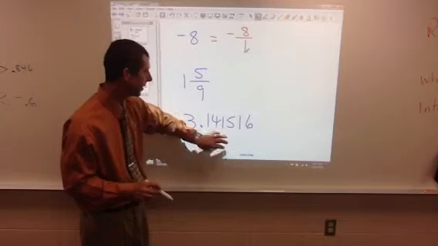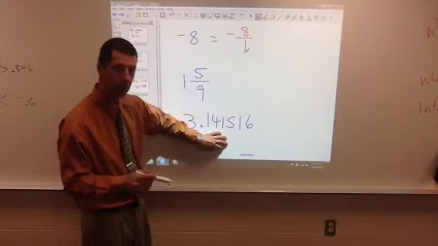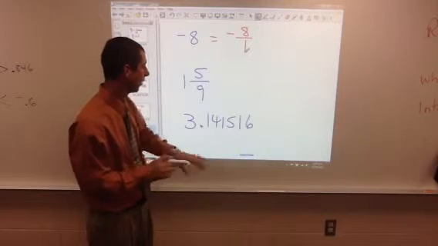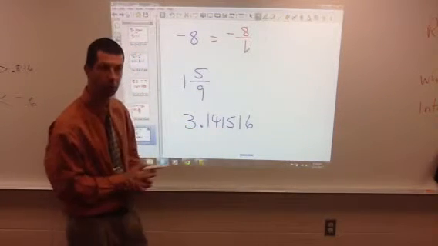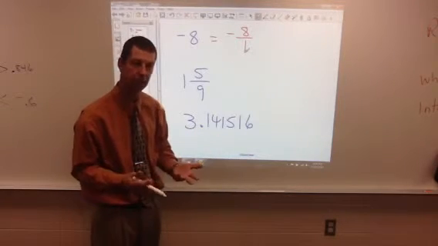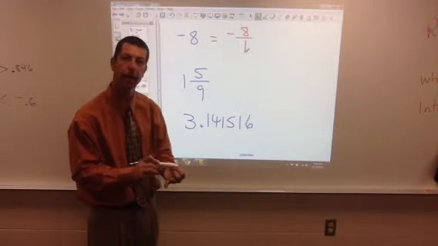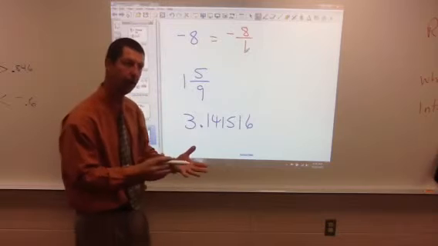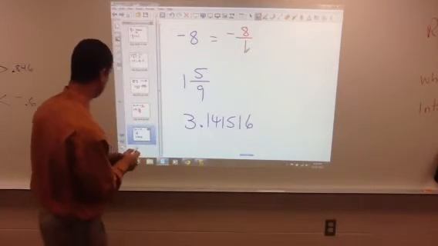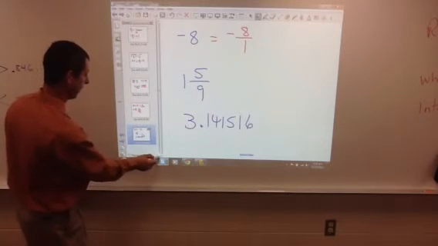This does not repeat and it does not terminate, so this is classified as an irrational number. That's another term in the mix there. So we had rational numbers and irrational numbers, along that line. And I think that does it.